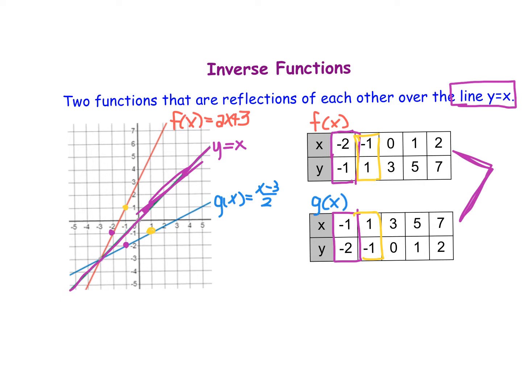So the first way that we can verify that two functions are inverses is by looking at the table, and we're looking for x and y values that are essentially the opposite, depending on which table you're looking at first and second. We just notice that their points are just x and y values flipped because of this reflection over y equals x.